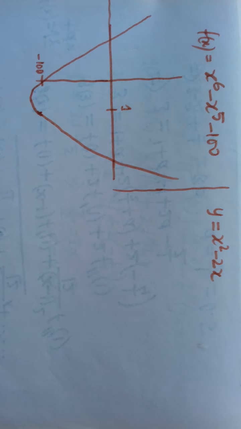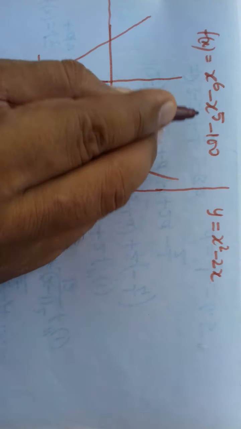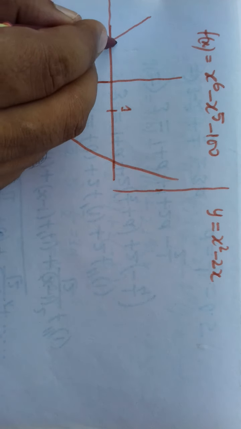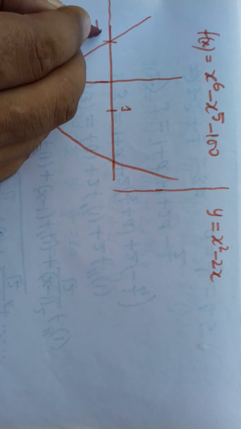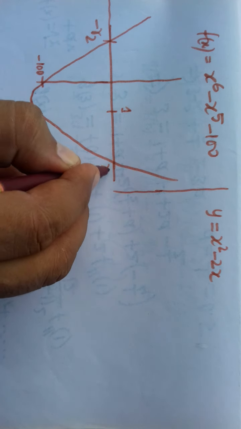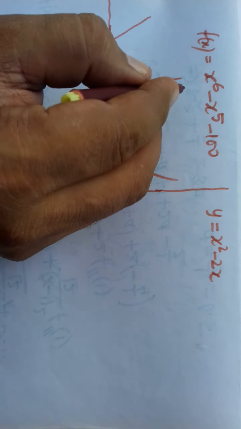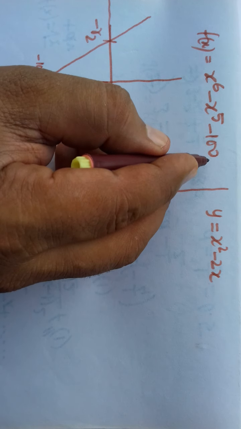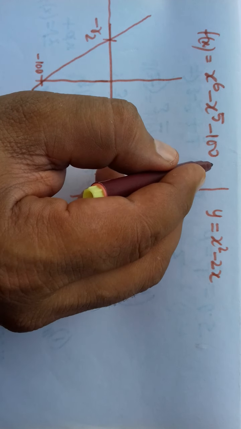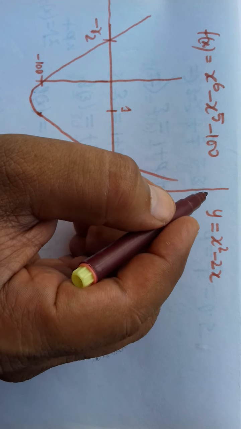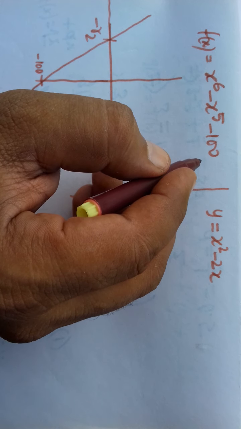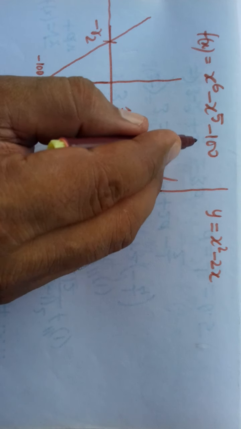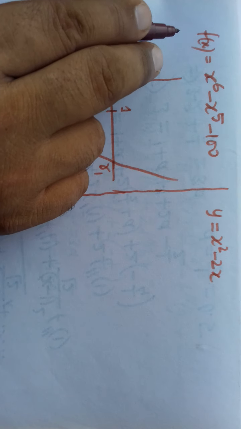You can see from here that this expression has two roots. Say this is minus r2 and this is r1. If you put x equal to 2, this expression will be negative, and for x equal to 3, f(x) is positive.